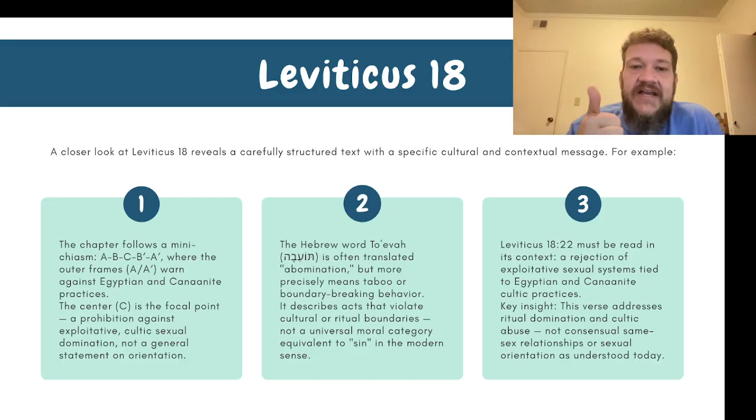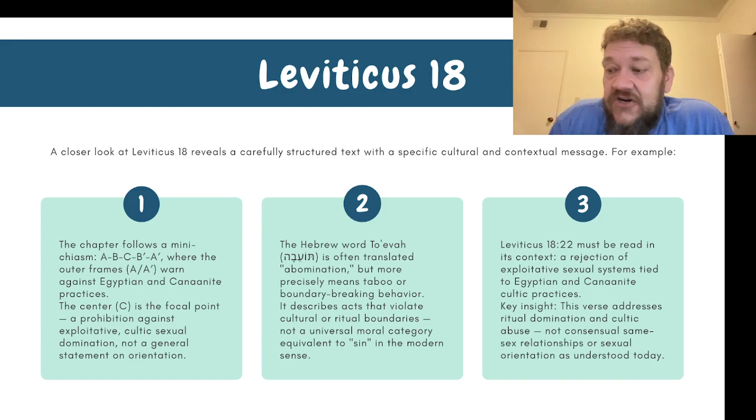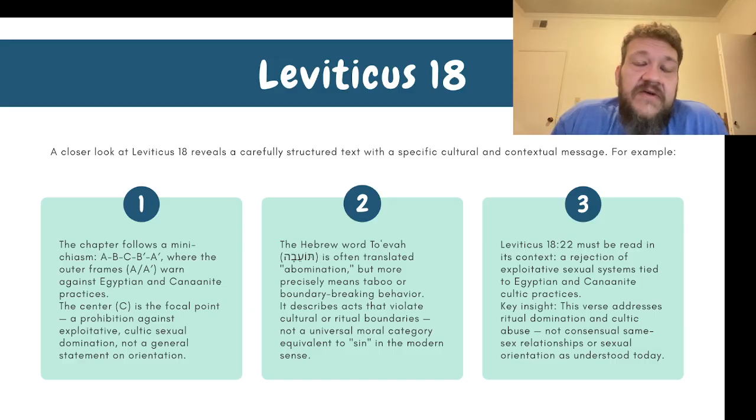Toeva is used to describe things like food, using mixed fabrics like cotton mixed with other types of fabrics, agricultural mixing, planting two crops in one field, and the Egyptians refusing to eat with the Hebrews. The Egyptians basically turned their back on the Hebrews and felt like they were not people. The use of idols and dishonest scales are taboo, and we think about that in the New Testament when Jesus is flipping over the tables in the temple.